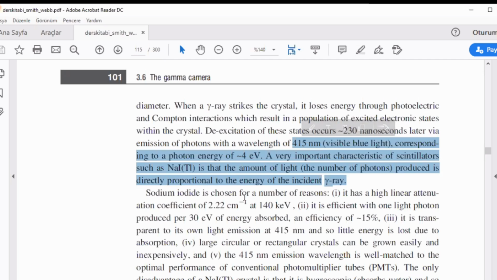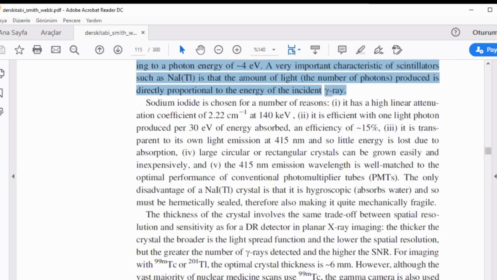Sodium iodide is chosen for a number of reasons. It has a high linear attenuation coefficient, so capture efficiency is high. One light photon is produced per 30 electron volts of energy absorbed, an efficiency of around 15%, which is more than the other substances.